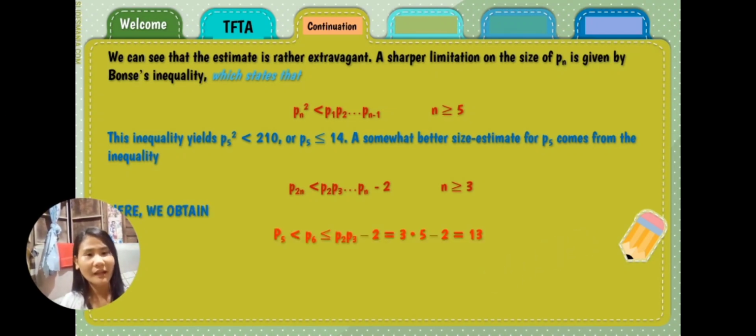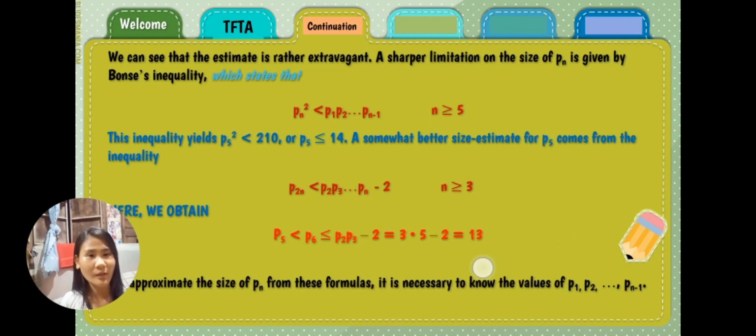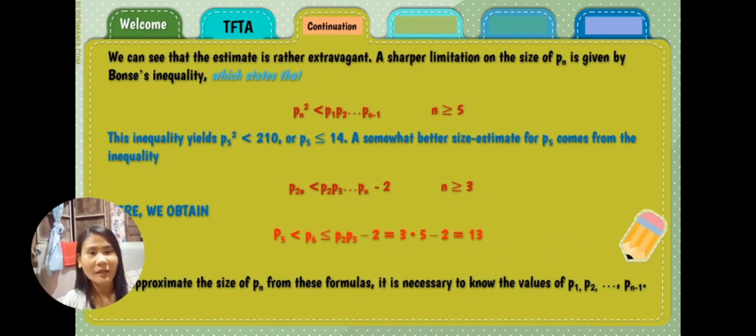We obtain that P sub 6 is greater than P sub 5 but is less than 2 P sub 3 minus 2, which is equals to 2 times 5 minus 2, which is equals to 13. So to approximate the size of P sub n from these formulas, it is necessary to know the values of P sub 1, P sub 2 to P sub n minus 1.